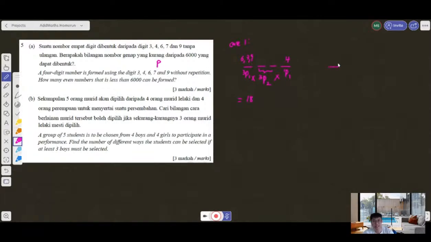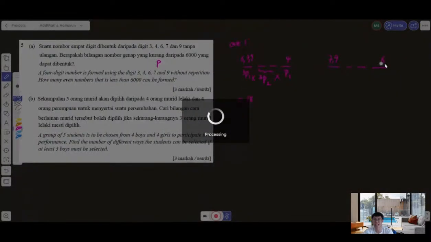Then the second case is I don't want to put 6 in the front. I only put 7 and 9. Then at the back, I have 2 choices, 4 and 6. But 4 is already used just now. If you can see, 4, 7, 9, and 4 is already used. So I don't need to put 4 again. This time, I only put 6 at the back.